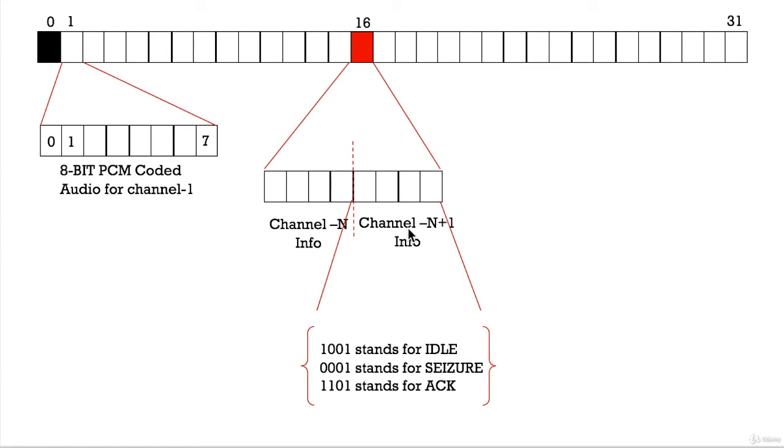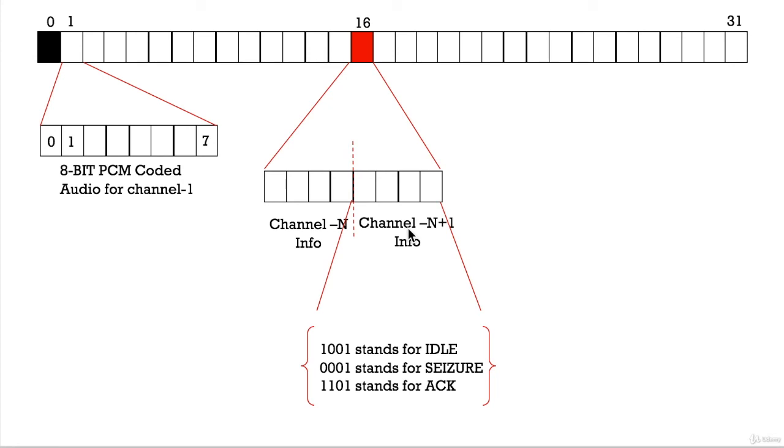The first 4 bytes will contain information about the nth channel. The second will contain the information about the n plus 1th channel. So if it is the first frame of the link, it will contain the information about channel 0 and channel 1. If it is the second frame, it will contain information about channel 2 and channel 3. The third one will contain information about 4 and 5, likewise. So basically 16 such frames are required to convey information about all the 32 channels.